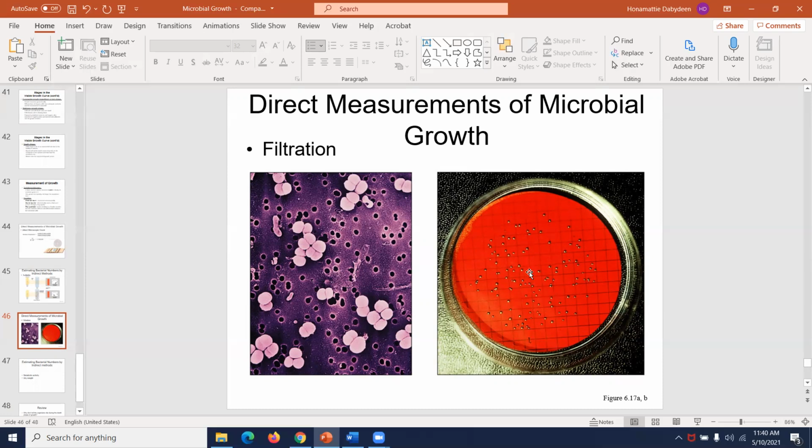Bacteria will stay on the filter paper, and then we can cultivate what's on it. Remember, every colony is almost like one organism that developed into a colony, so an organism might be looked upon as a colony forming unit. We can cultivate the organisms, count the number of colonies, and figure out how many organisms were there in the first place.